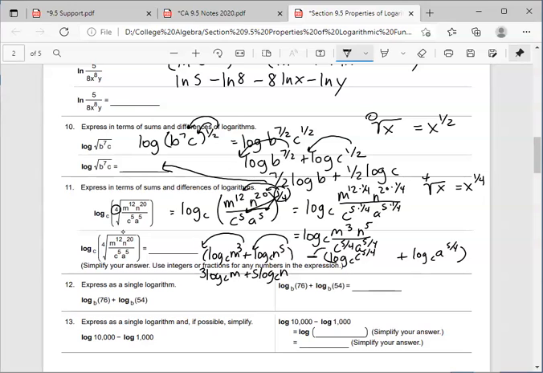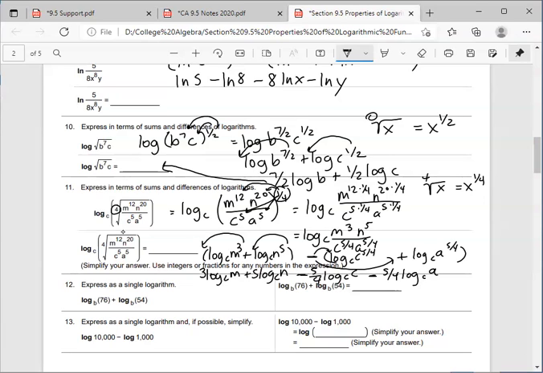This negative needs to go with both of these. It needs to go with this, and it needs to go with this. So I know I'm having a minus and a minus. The 5/4 can come in the front, log base c of c. And this 5/4 can come in the front, log base c of a.